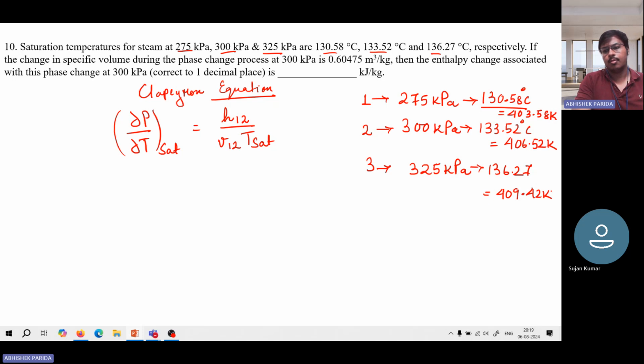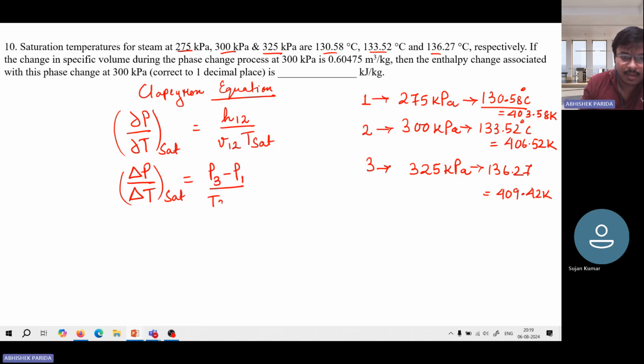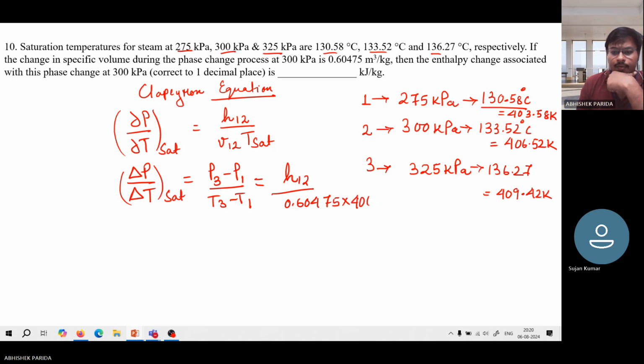Now all this is done. ∂P/∂T, we can write as ΔP/ΔT at saturation. This will be (P3 minus P1)/(T3 minus T1) equal to h12 divided by v12 times T saturation. We have to find h12. We put 0.60475 into T saturation, which is 406.52.